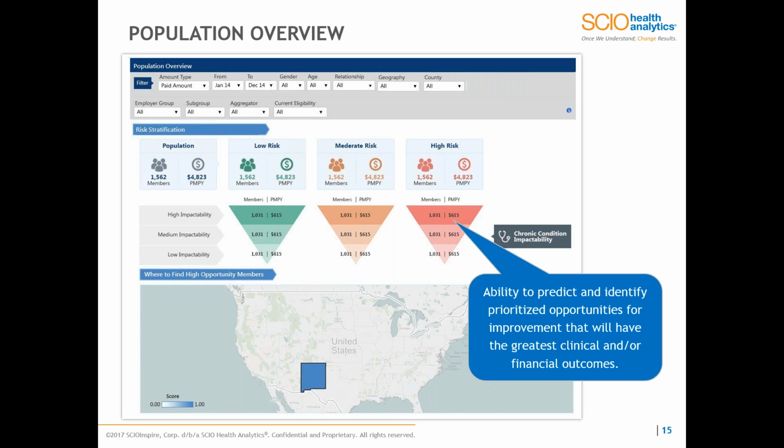So that ability to predict and identify, prioritize opportunities for the greatest improvement, that is going to drive your clinical as well as your financial outcomes. So impactability breaks it down even further, those that are highly impactable, so that you can focus your resources appropriately with the right program in order to be able to intervene with that population.